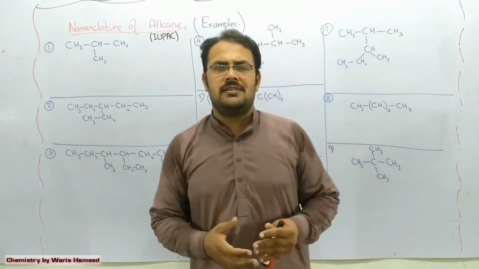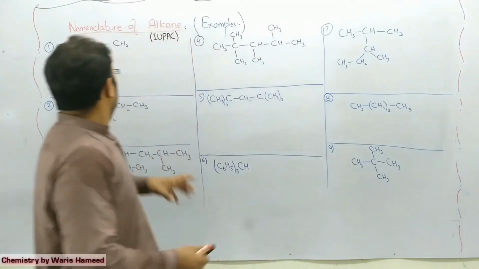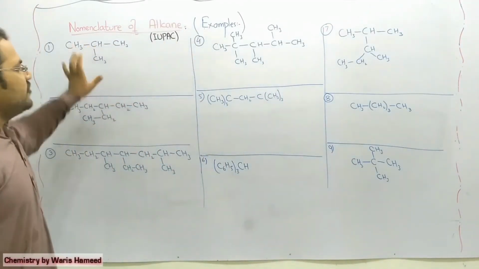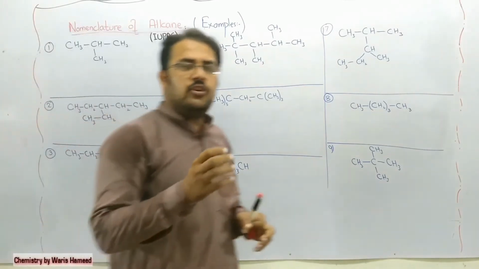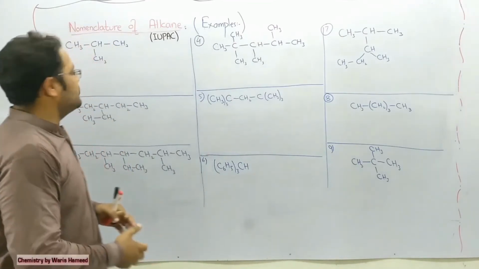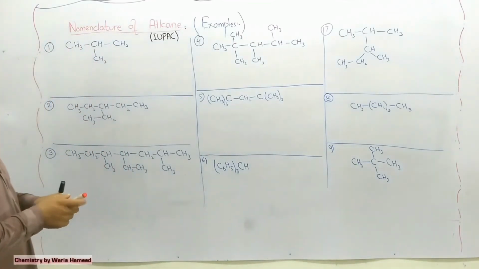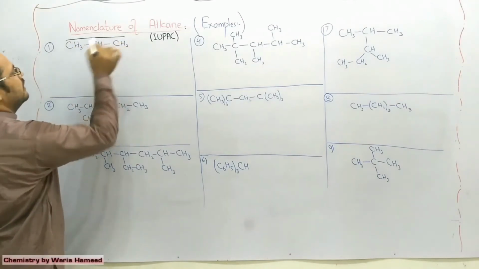Students, now moving toward the solution of some examples of alkane. In this case, the first molecule has almost 4 carbons. Now we have to apply all the rules step by step. First, we have to select the longest chain in this molecule. In this molecule, it is the longest chain.